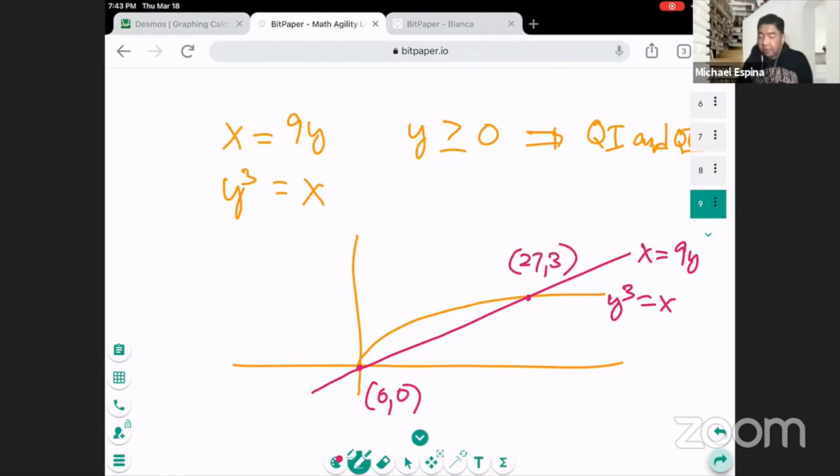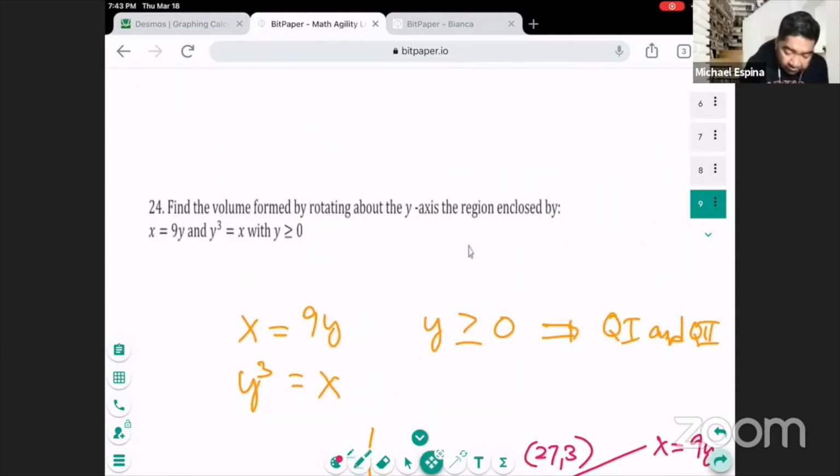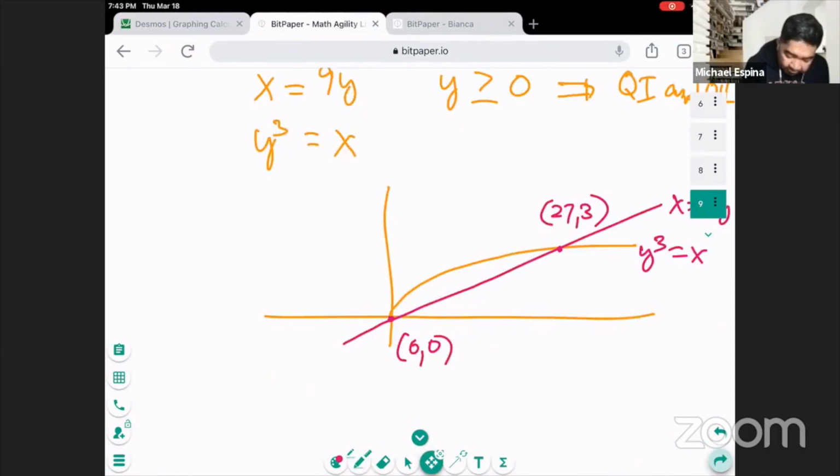Okay, let's try to use again the cylindrical shell. So let's take the slice. Where do we need to revolve it? Rotating again at the y-axis. So let's take the slice here.